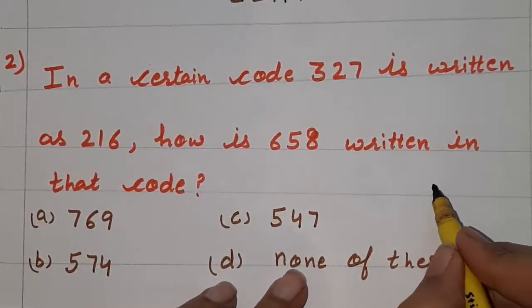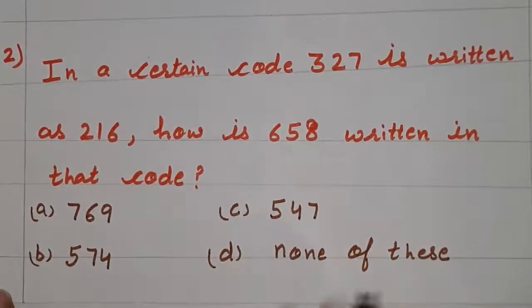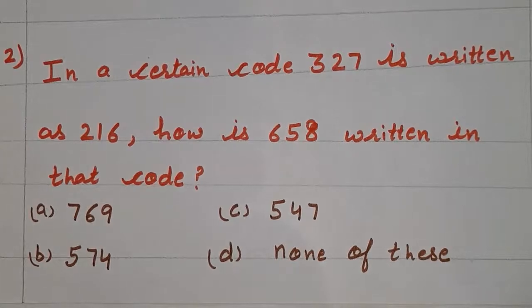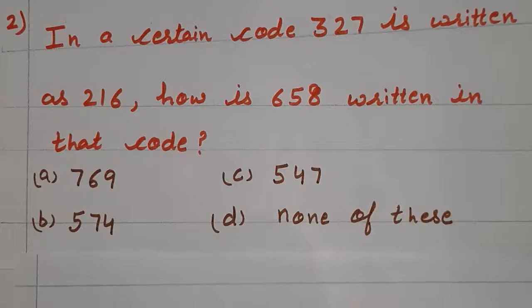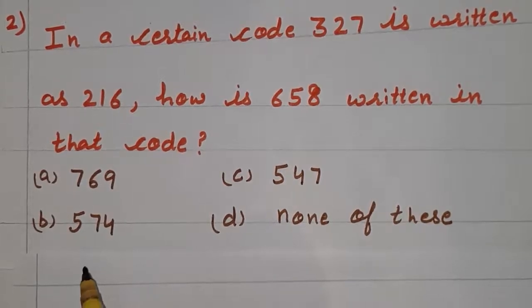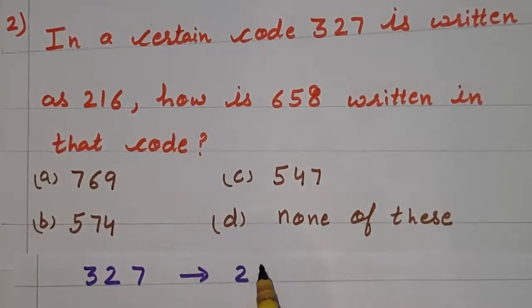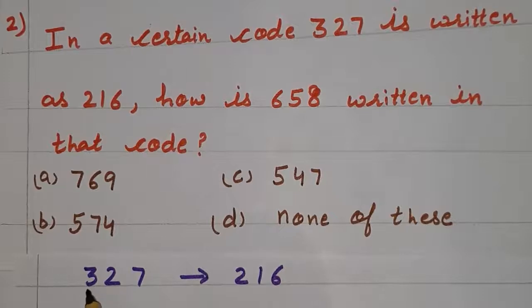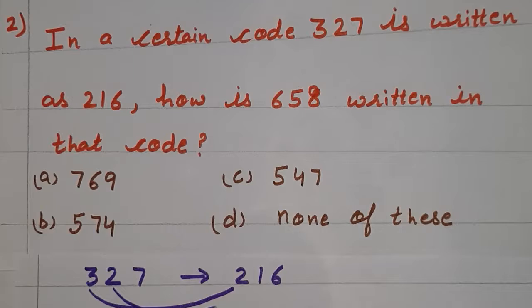Let's check the relation between 3, 2, 7 and 2, 1, 6. 327 is written as 216. Now 3 has become 2, 2 has become 1, and 7 has become 6.